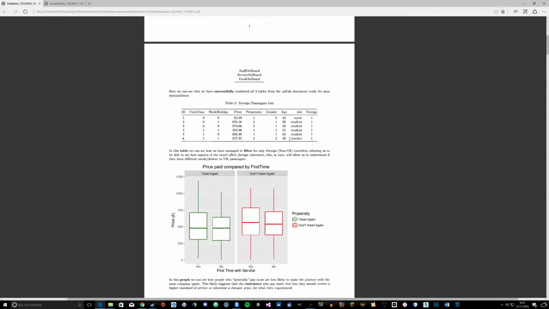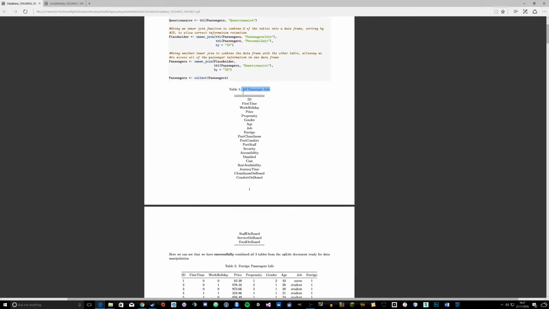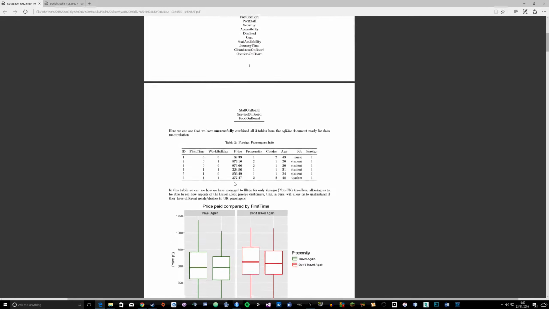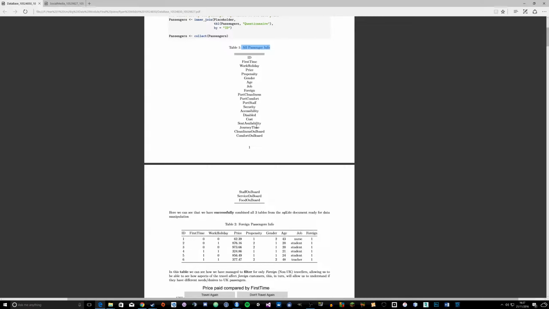and have it looking nice for anyone willing to read it. So this first bit here is all of the information about the passengers. Essentially this was divided into three different databases, and we had to combine those three databases, and this was the end result.